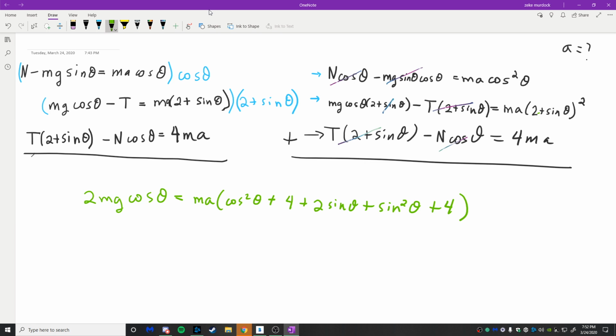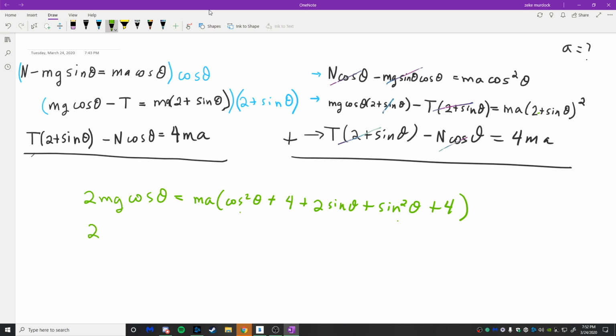And then all of this, those of you that are probably seeing immediately, you see this cosine squared and a sine squared, right? Those add up to 1, right? So what we end up getting is this. We get 2 mg times the cosine of theta. Oh, we don't even need to write the m's anymore, do we? Let me just undo. Because the m's now cancel on both sides, right?